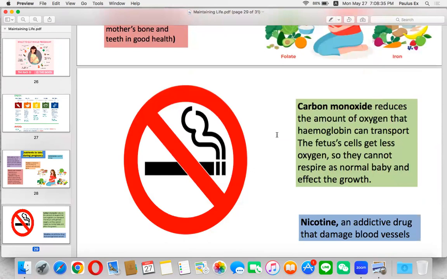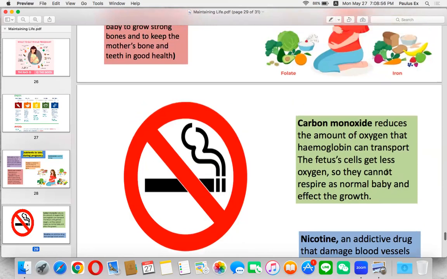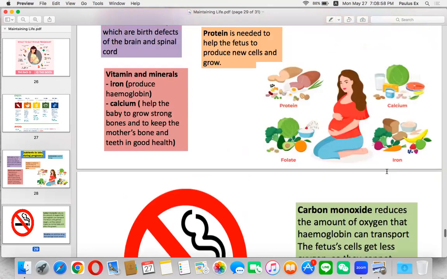Okay, here is carbon monoxide. Carbon monoxide reduces the amount of oxygen that hemoglobin can transport. The fetal cells get less oxygen, so they cannot respire as normal and this affects the baby's growth. This is the disadvantage of carbon monoxide.